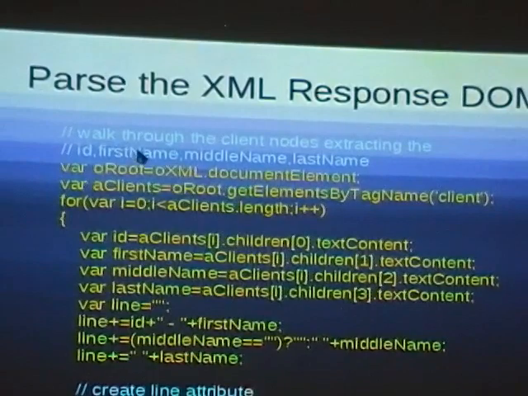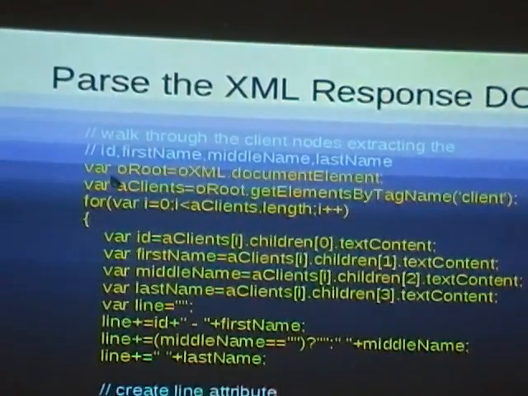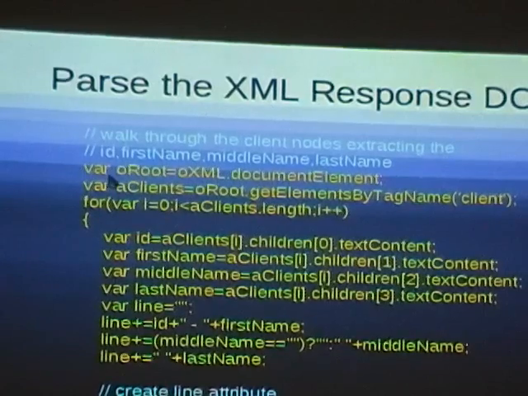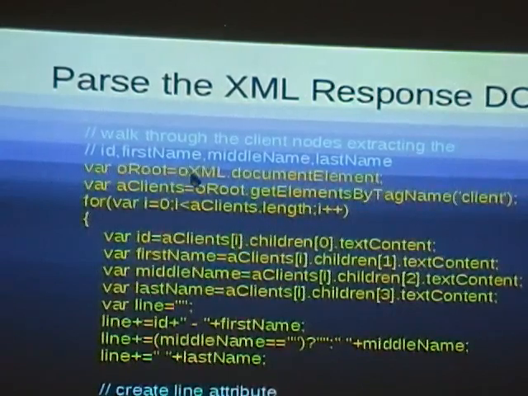Okay, I'll explain it a little bit. The first thing you have to do is get the root of it. If you recall, in the XML I showed you previously, it had a root, which is the very first tag. The way you do that is you use the documentElement attribute of the XML document object model.